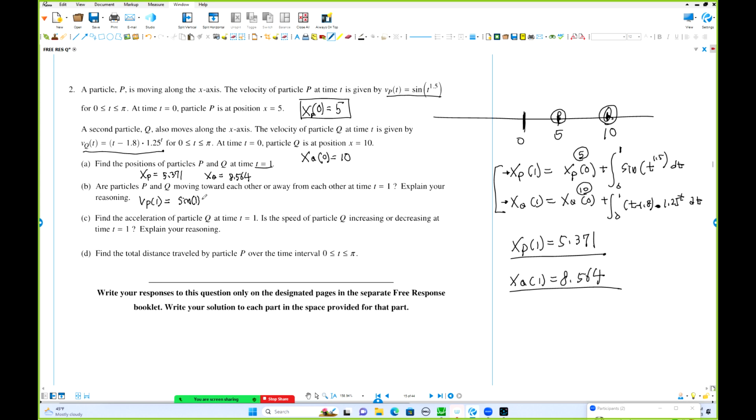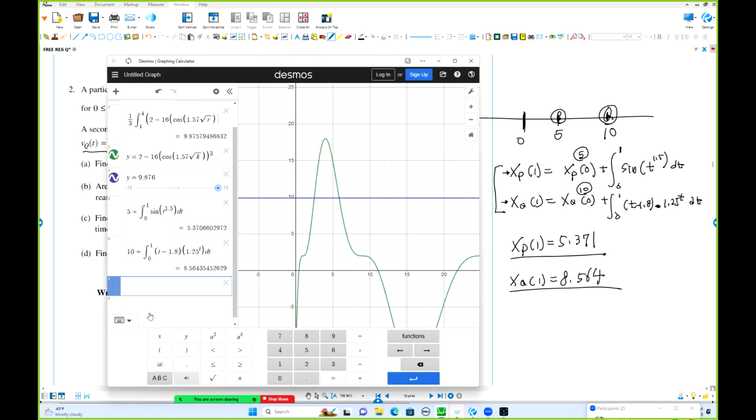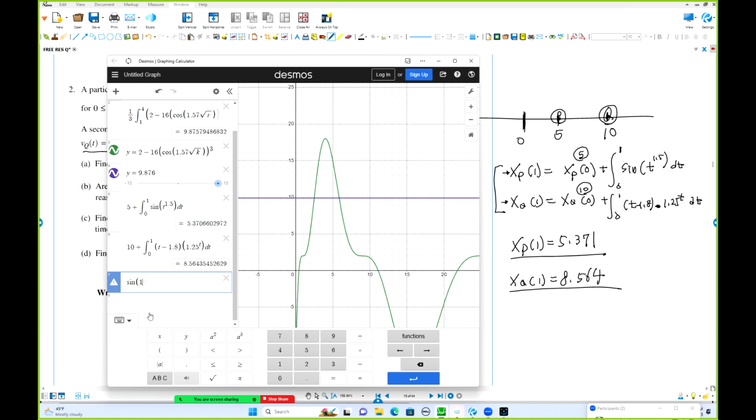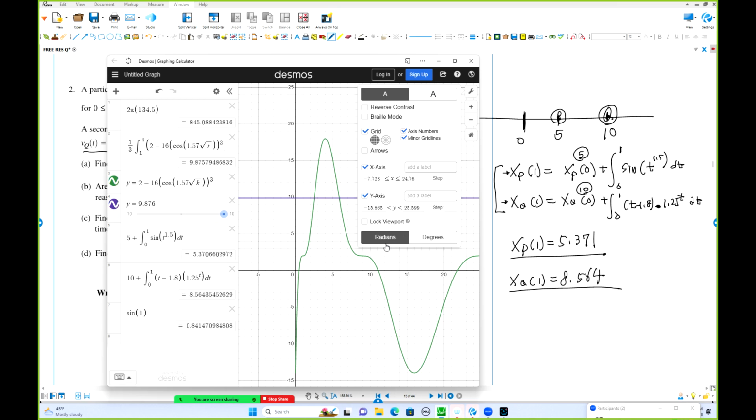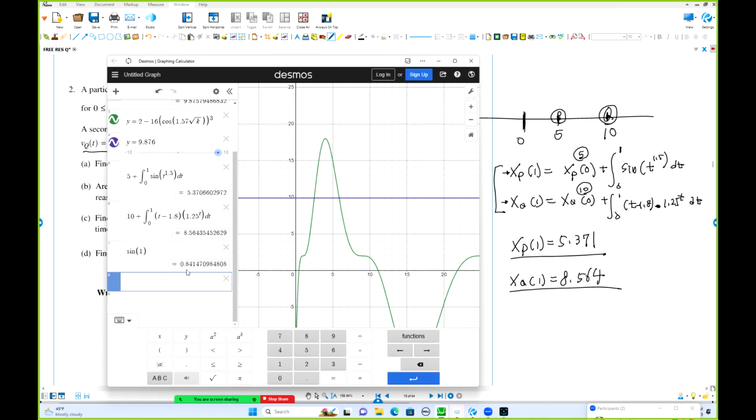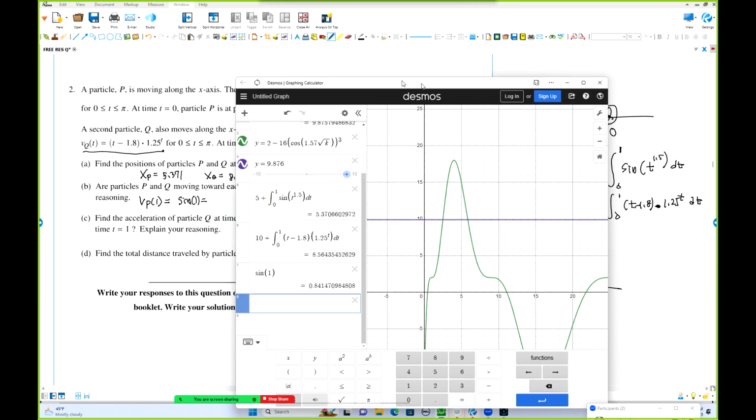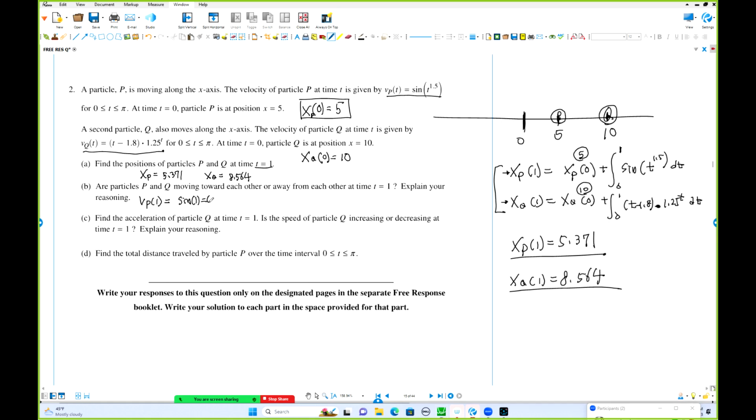Sine 1 is positive. That is in radians, not 57.3 degrees. So sine 1 is 0.841. That is positive, a move to the right.